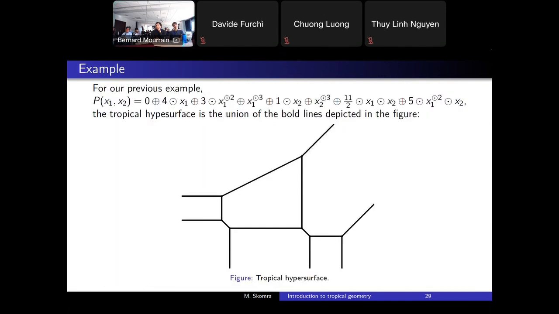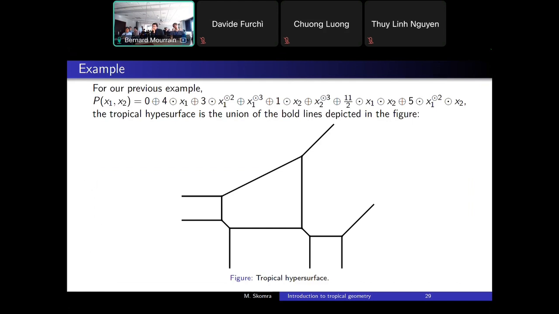Here I have a more complicated example: a bivariate tropical polynomial that I also showed yesterday. Here we have, I think, 8 monomials. There are points on which each of these 8 monomials is the only one that dominates. So I have these 8 full-dimensional regions, and on each exactly one term achieves the maximum, and the function is differentiable.